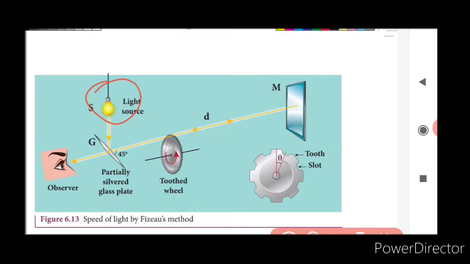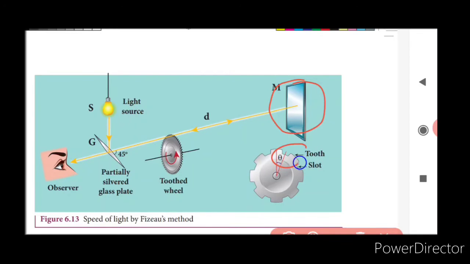It is reflected in this direction, goes through the toothed wheel, and falls on the mirror placed 35 kilometers away. It is reflected back along the same path through the toothed wheel, and the observer sees it from there.